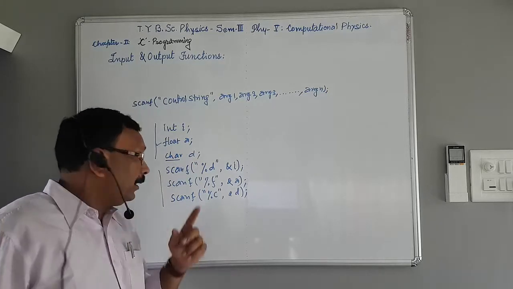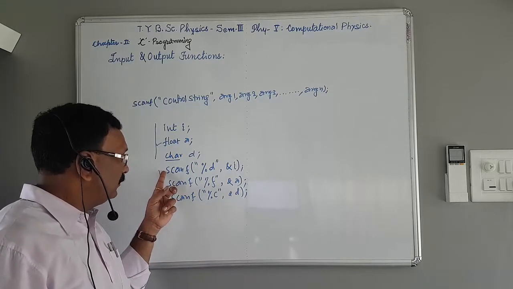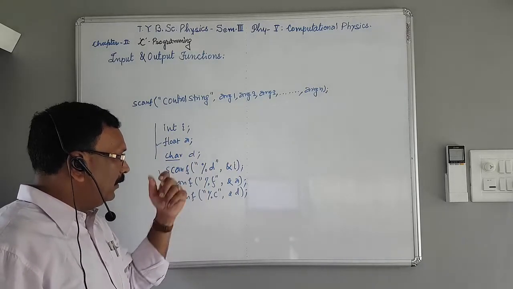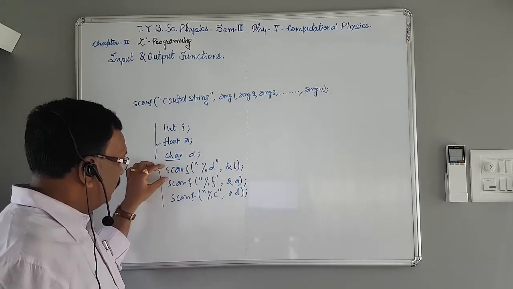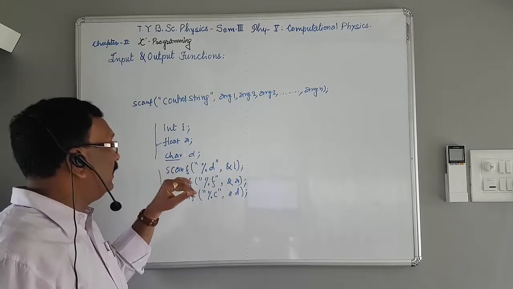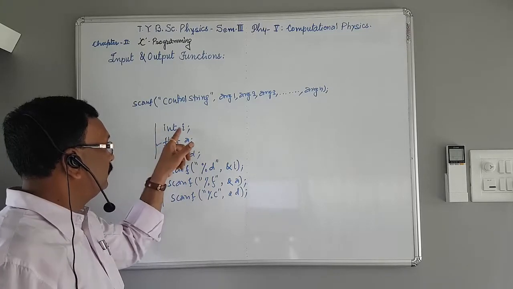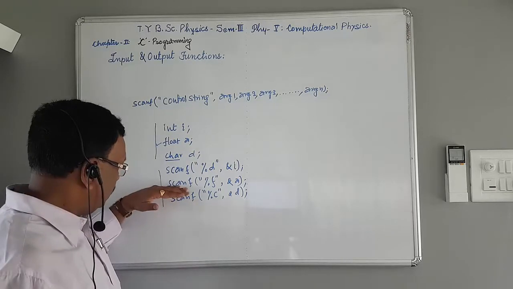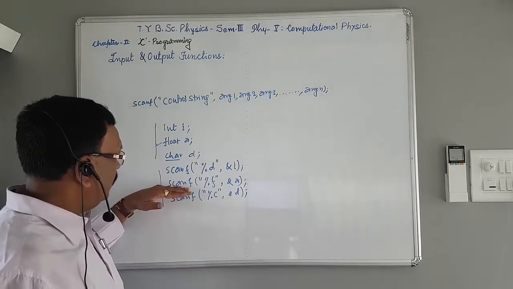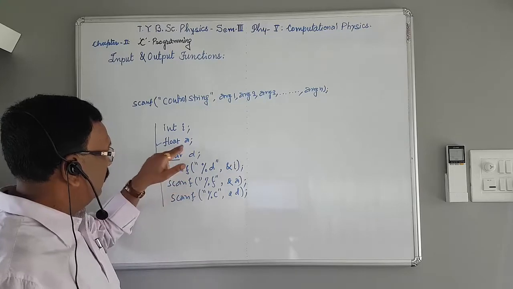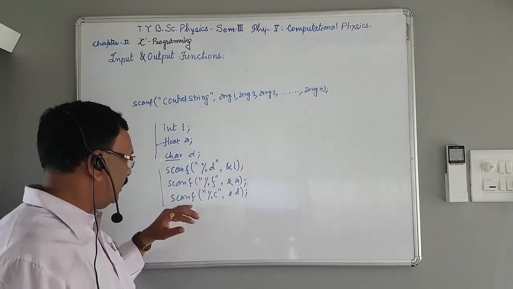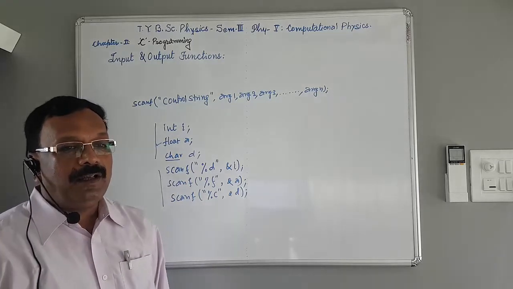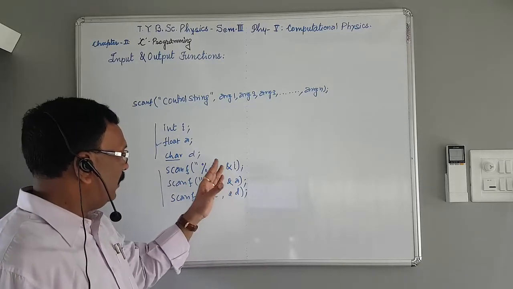And with the help of these statements, scanf with %d in double inverted commas and &i, through this statement the computer reads the data which is supplied as integer data type. Through this statement, the computer reads the float a data, and through this statement, the computer reads the single character.